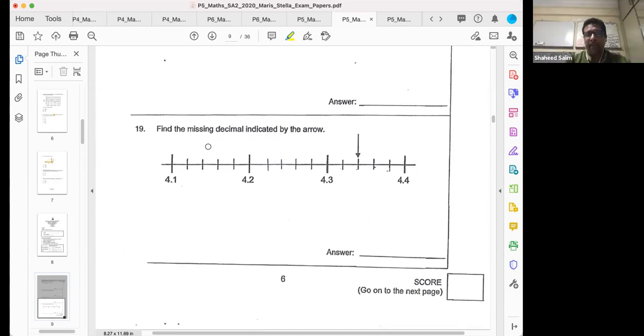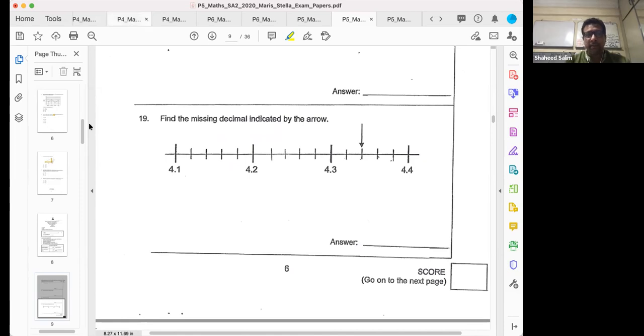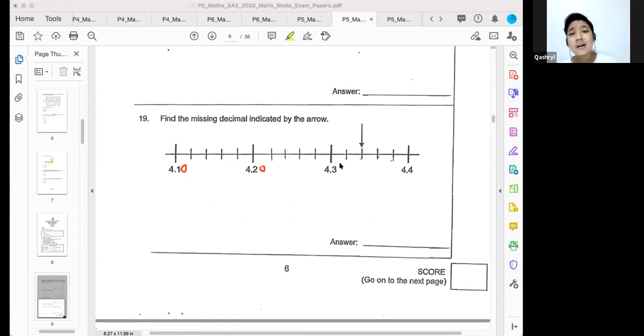We are doing number 19, this number now. Carissa, correct? Yes, well done. What about the rest? If you're confused, I want you now to add a 0. Then maybe you might be able to see.